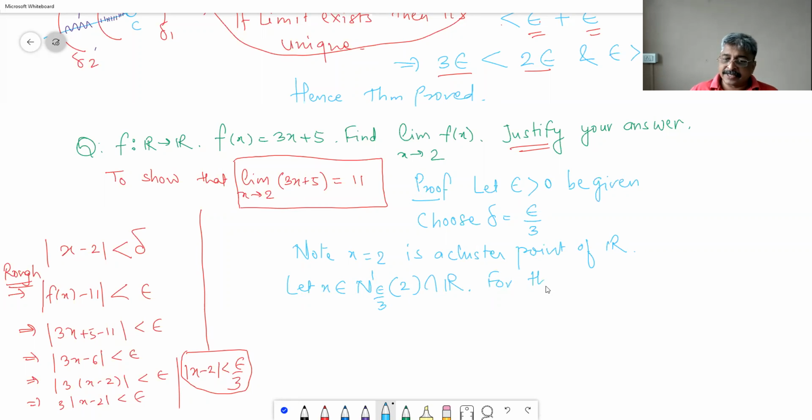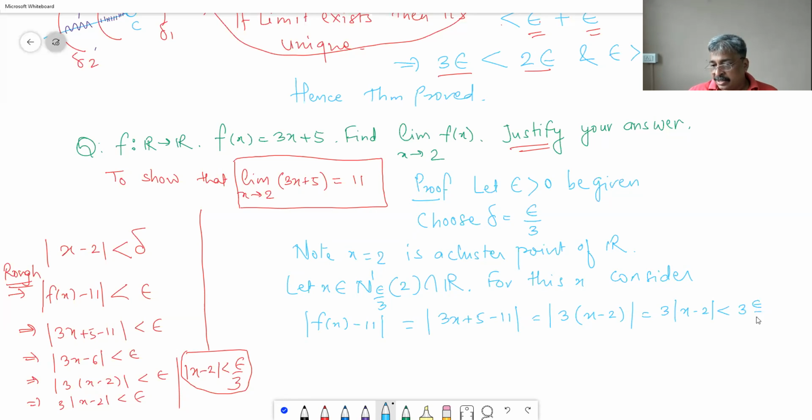For this x, consider absolute value of f of x minus 11, and then show the same calculation done in the rough work, which is equal to absolute value of 3x plus 5 minus 11, which is equal to absolute value of 3 into x minus 2, which is equal to 3 into absolute value of x minus 2, which is less than 3 times epsilon by 3, which is equal to epsilon.